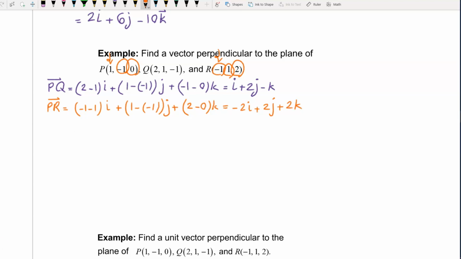And then by definition, we take the cross product of these two vectors in the plane, and that gives us a vector that is perpendicular to the plane. So this cross product is equal to determinant ijk. On second row, here we have 1, 2, negative 1, and for PR we have negative 2, 2, positive 2, and this is equal to.